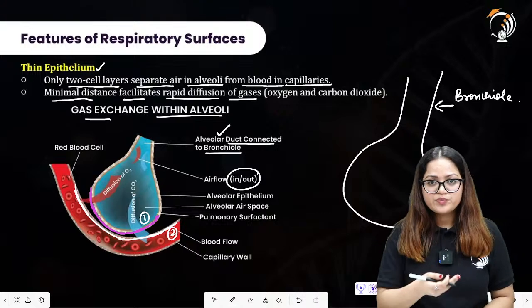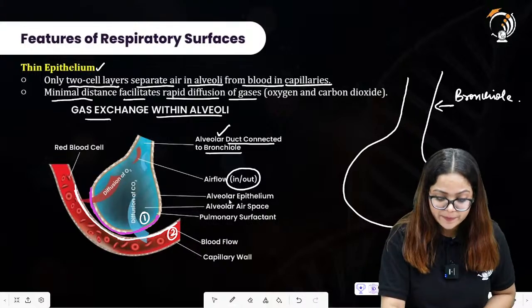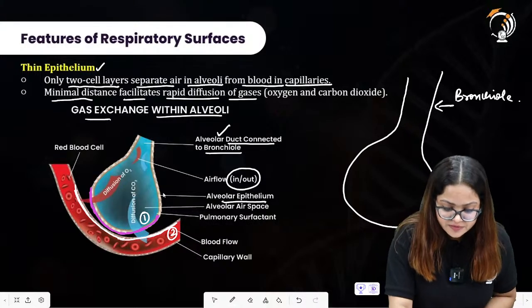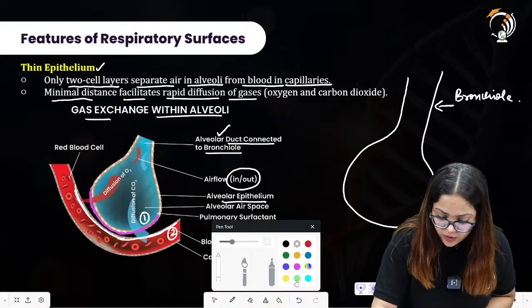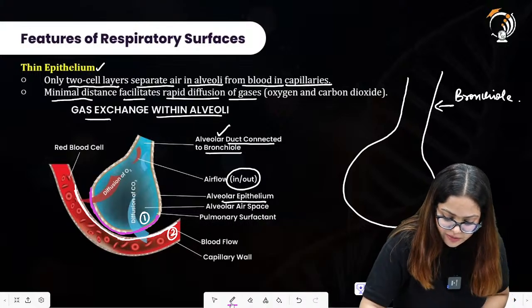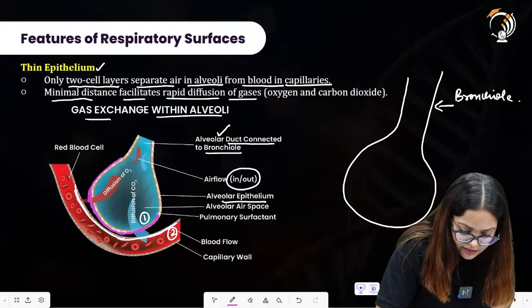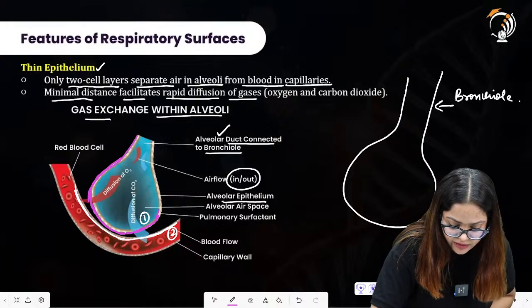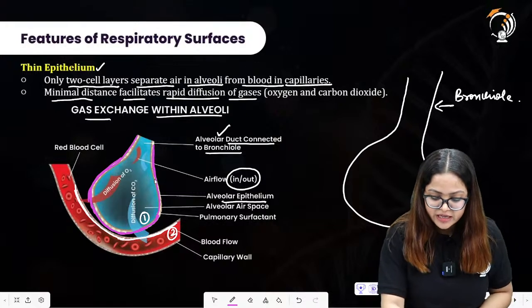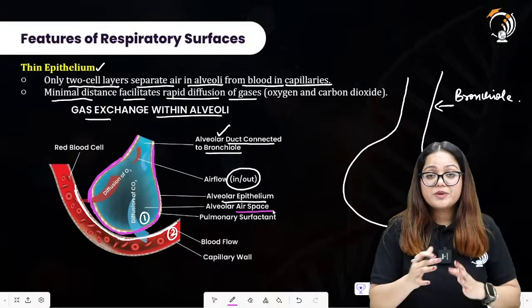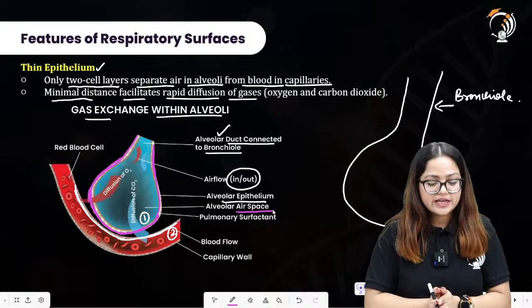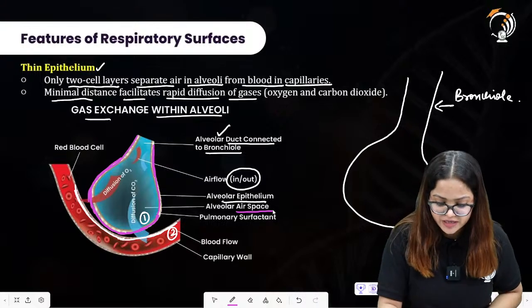The air can go and it can also leave the alveoli. This is the alveolar epithelium we were talking about, and we have already marked it with pink marker here. Understood? The space present inside the alveoli here is the alveolar air space.